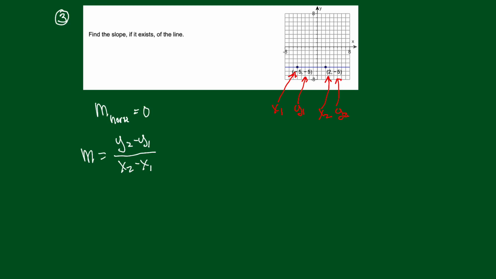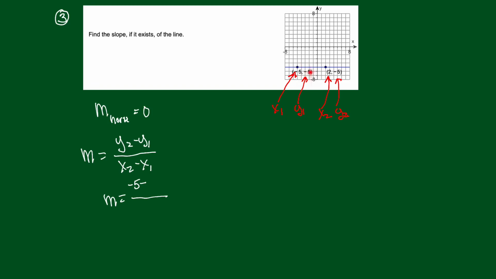So I'm just going to substitute these values into my formula down here. Let's do that. We'll get the slope being the second y, which is -5, minus the first y.